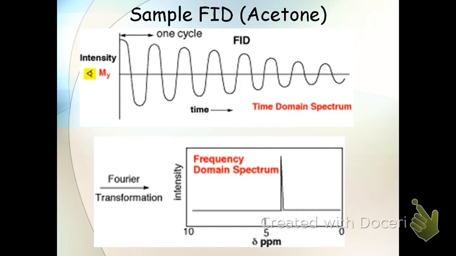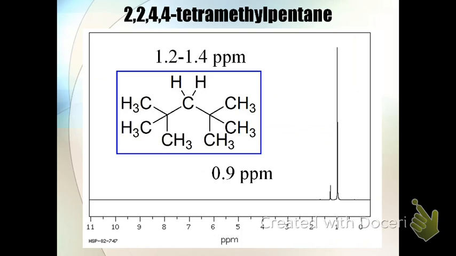Here's a simple-ish compound. This is tetramethylpentane. The NMR signal for it is shown at the bottom. Again, you'll notice the units are in parts per million at the bottom, and you'll notice a couple of different things.